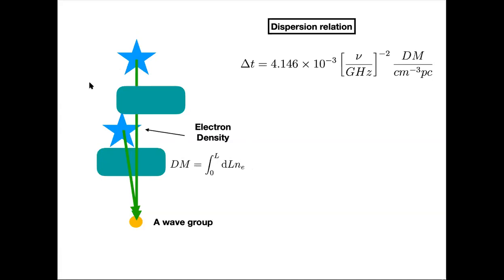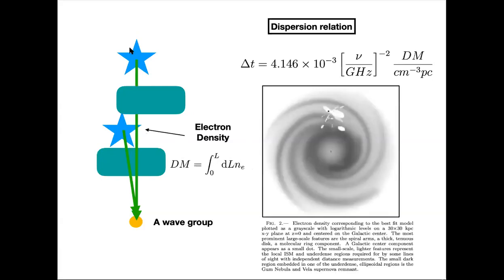So if you have now scanned our galaxy in different directions using the pulsars, then you will be able to come up with a very nice model of the electron density in the galaxy. And the electron densities are usually expected from theory to trace the spiral arms. So you can now say what is the structure of the spiral arms.